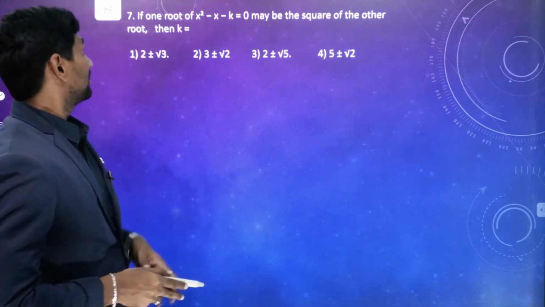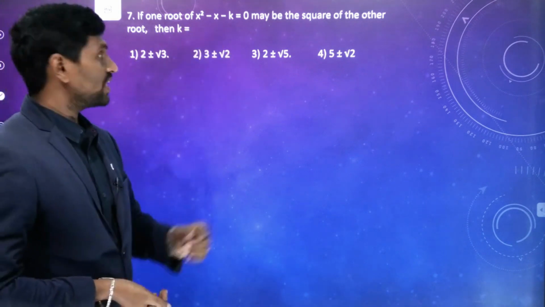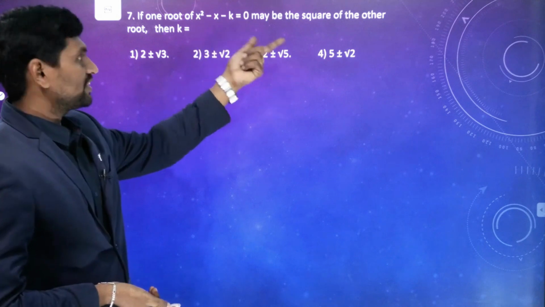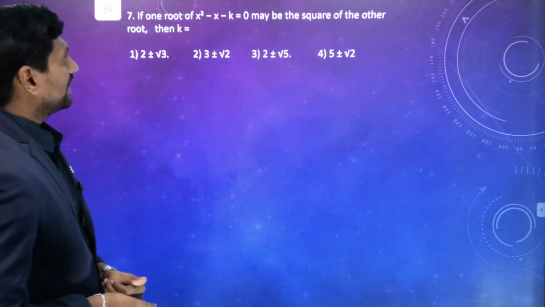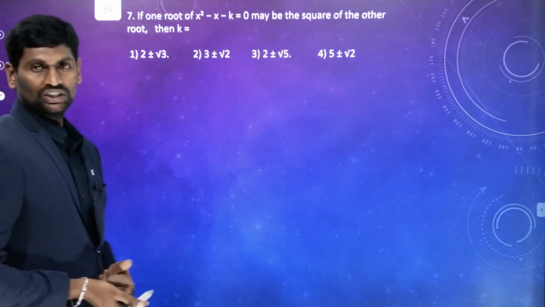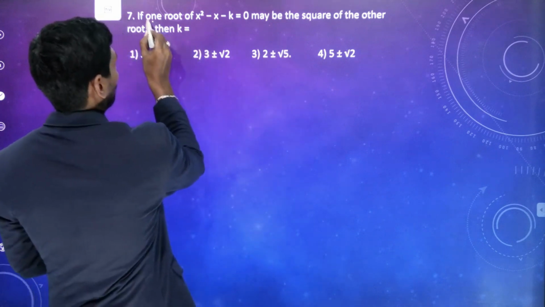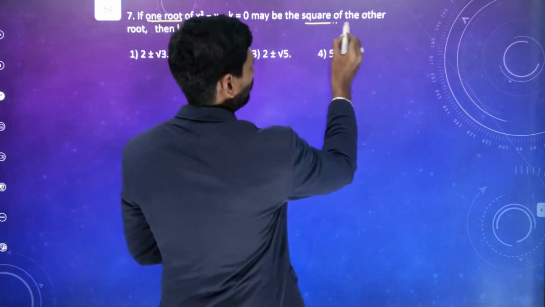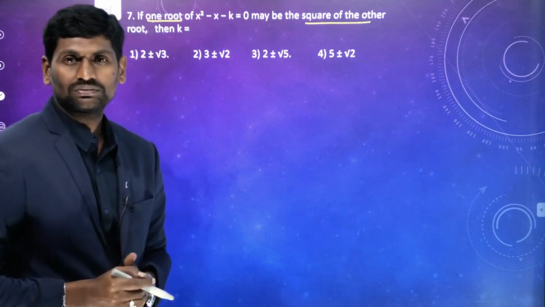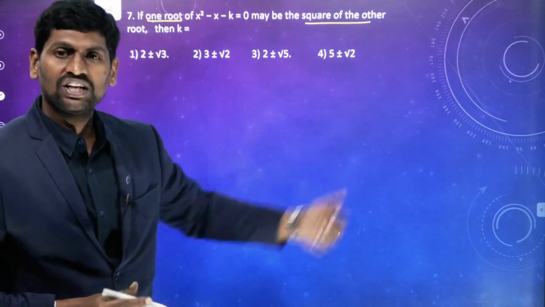The 7th one. Roots of the quadratic equation: one root is the square of the other root.